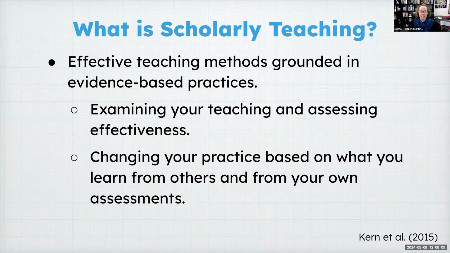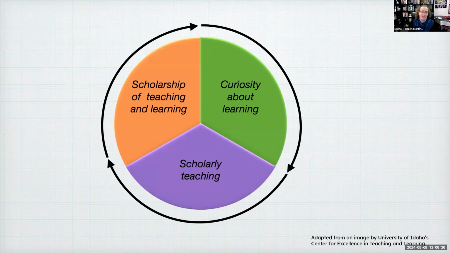So scholarly teaching involves effective teaching methods that are grounded in evidence-based practices. That means you examine your own teaching and you assess your teaching's effectiveness and the learning of your students. It also means changing your own practices based on what you learn from others and from your own assessments. You may have also heard about the scholarship of teaching and learning, or SOTL, and that is the scholarly sharing of knowledge about teaching through publications and presentations.